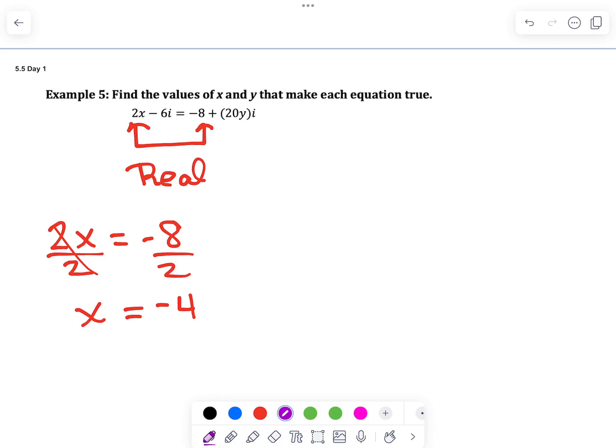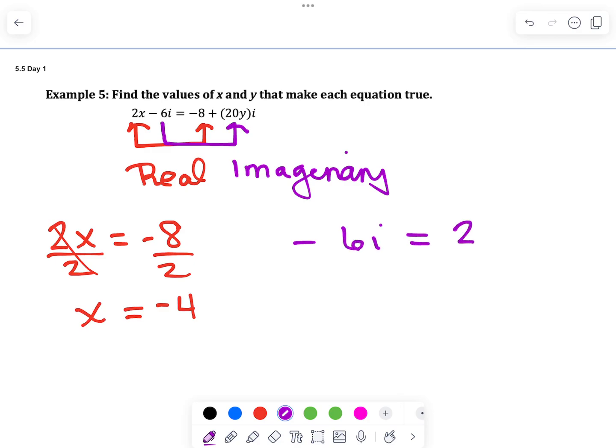The imaginary piece is the -6i and the 20yi. So then we set up another equation with -6i equaling positive 20yi. And then we solve this one for y.